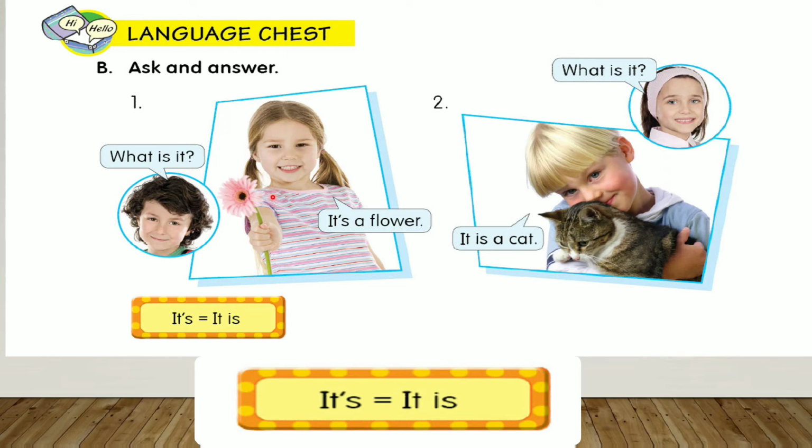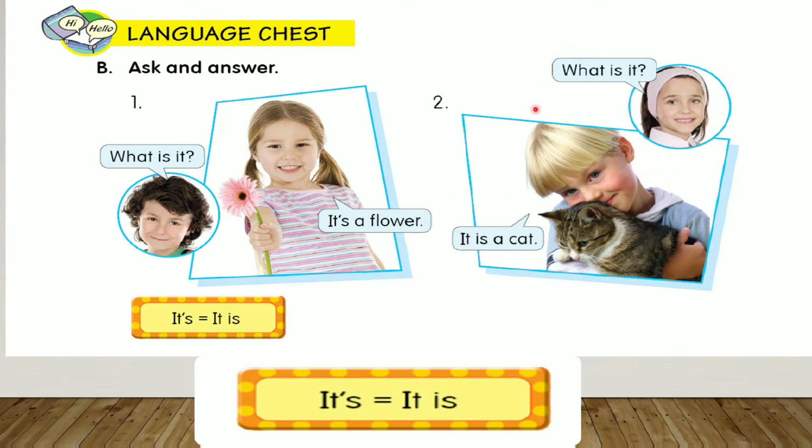And this little girl is holding something. What do you think she's holding? Well, she is holding a flower. So she responds by saying, "It's a flower." What is it? It's a flower.